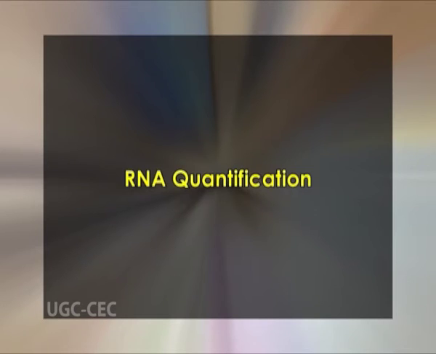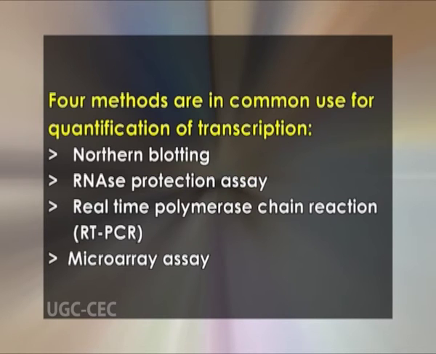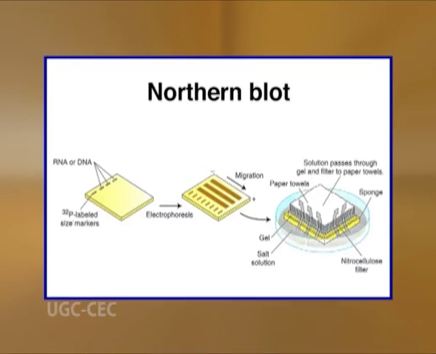Now the RNA quantification. Four methods are in common use for the quantification of transcription: Northern blotting, RNase protection assay, real-time polymerase chain reaction, and the microarray assay. Northern analysis, which we have already explained in my previous module, is the only method providing information about mRNA size, alternative splicing, and the integrity of RNA samples.